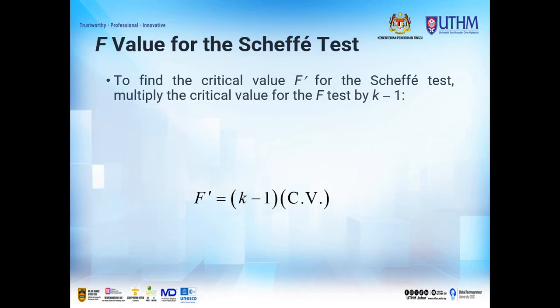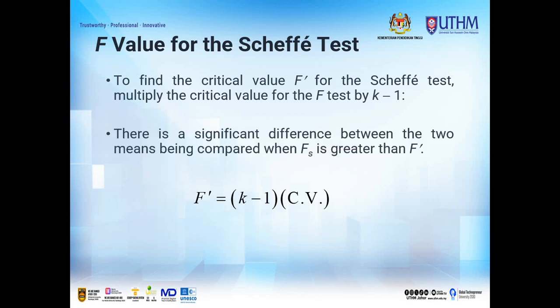Also, the F value for the Scheffé test: in order to define the critical value F prime, multiply the critical value for the F test by k minus 1. Obviously the critical value comes from the distribution table. There is a significant difference between the two means being compared when Fs is greater than F prime.